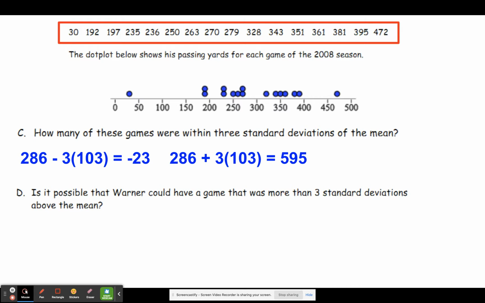So typically in statistics, anything within 3 standard deviations is considered to be kind of like a typical or a normal performance, and anything outside of that is considered to be unusual. So if Kurt Warner were to throw for, let's say, 700 yards in a game, that would be considered an unusual performance. Is it possible that he could have a game that was more than 3 standard deviations above the mean? It is possible, but it's not likely.